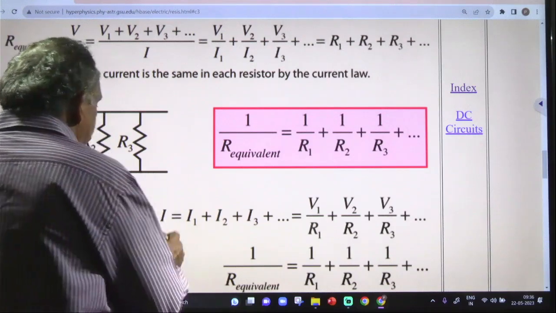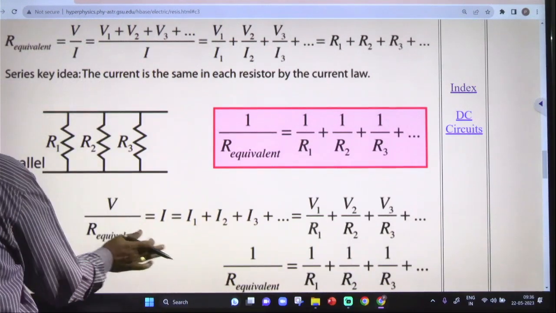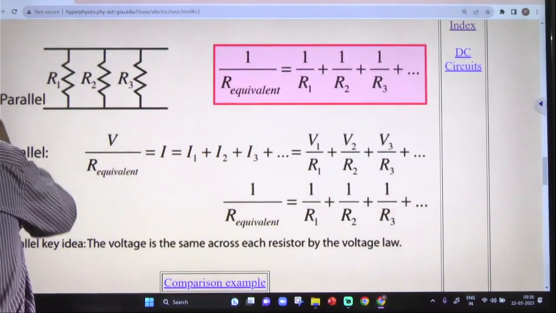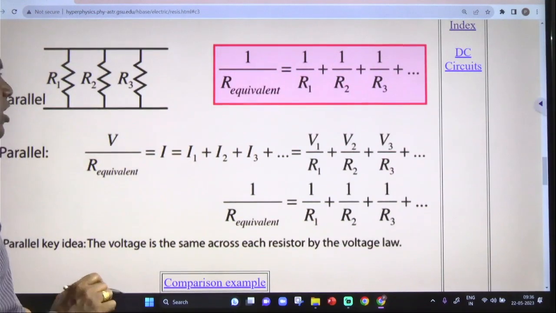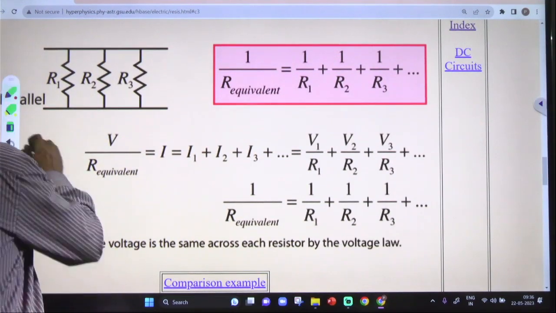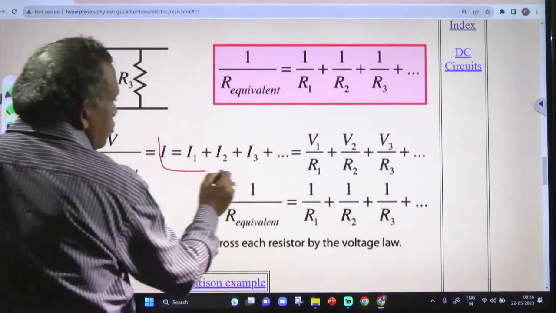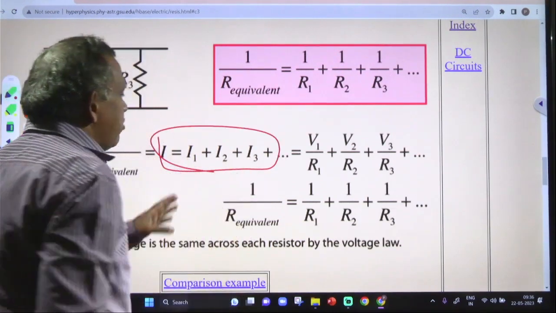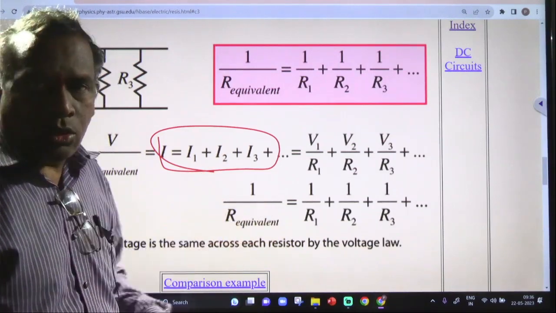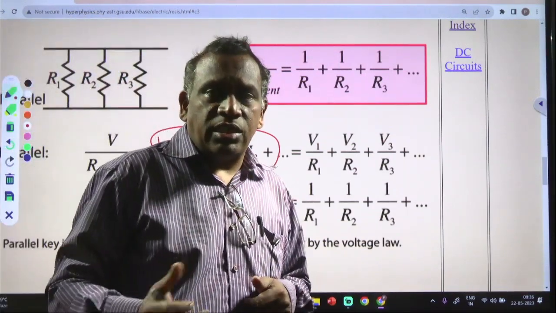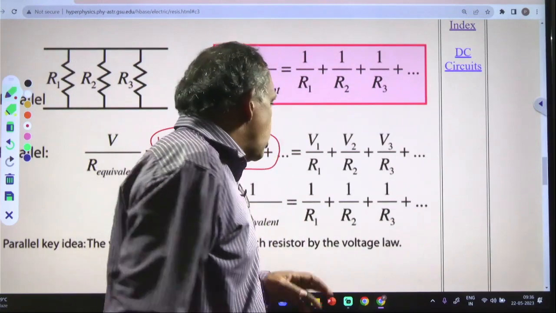Here I is the total current in the circuit. The total current is divided into I1, I2, I3, so the current is divided among the resistors. That point you have to remember.